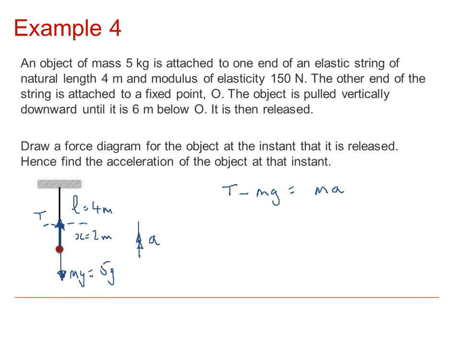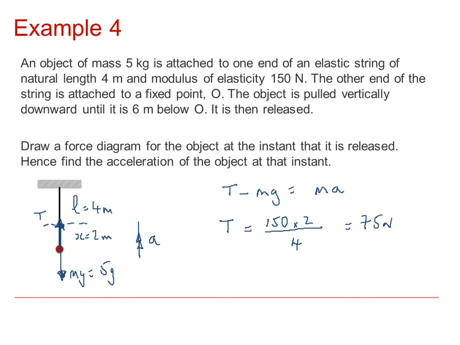T we can find by Hooke's law, so T is equal to lambda 150, the extension 2, divided by the natural length, which is 4. That gives us a value T is equal to 75 newtons.